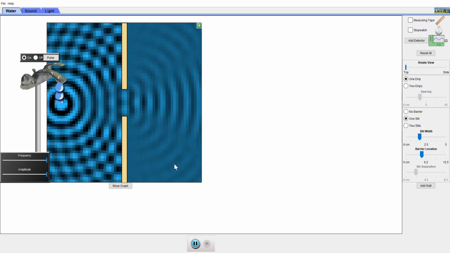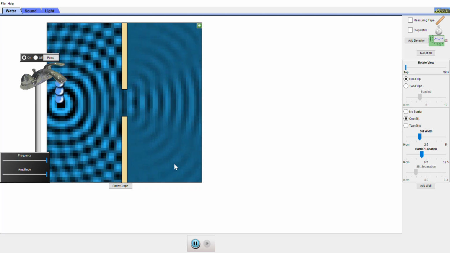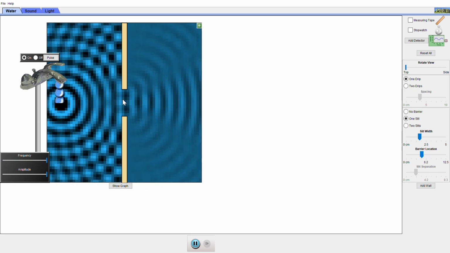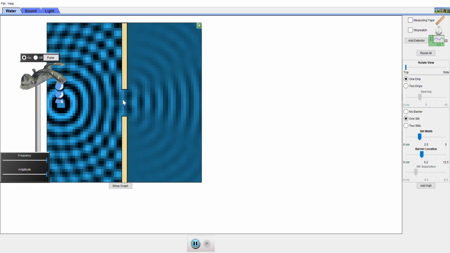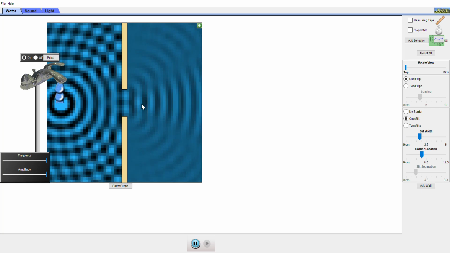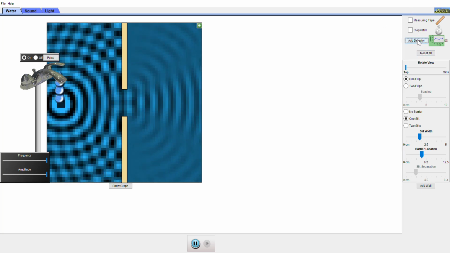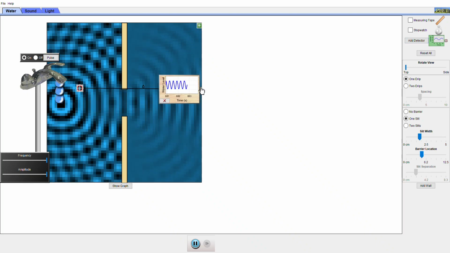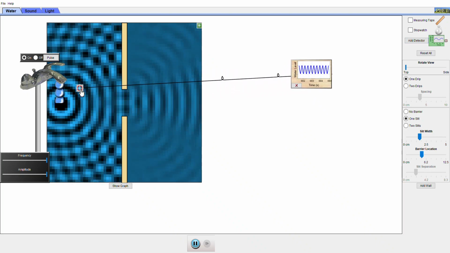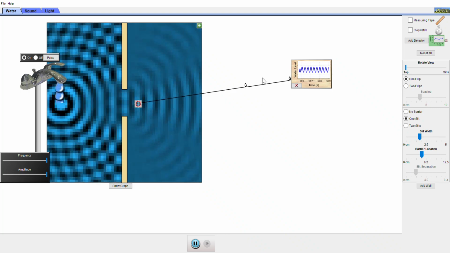Also notice how this wave has a larger amplitude in the middle that rapidly decreases in magnitude to either side. Okay, so the wave has a higher amplitude. Let me get the detector out again so we can look at it. We look right here, we've got this kind of amplitude.